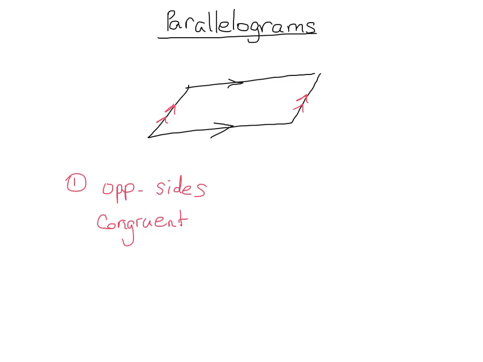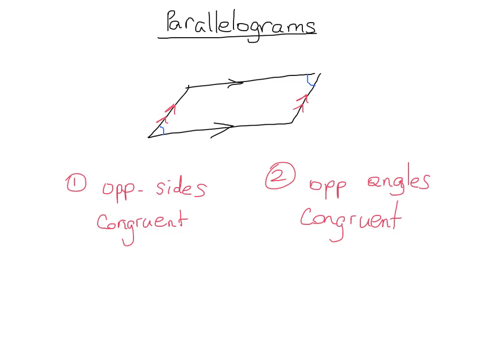All right, the second property that I want to talk about is the fact that in a parallelogram, the opposite angles are always congruent. So let's write that down. Opposite angles, congruent. So for example, we have an angle here, which is opposite that angle.